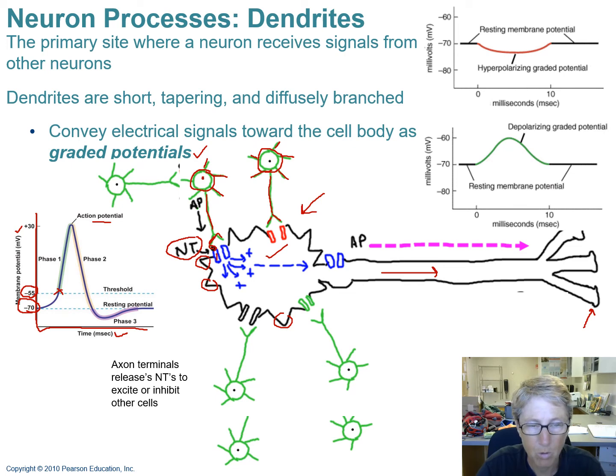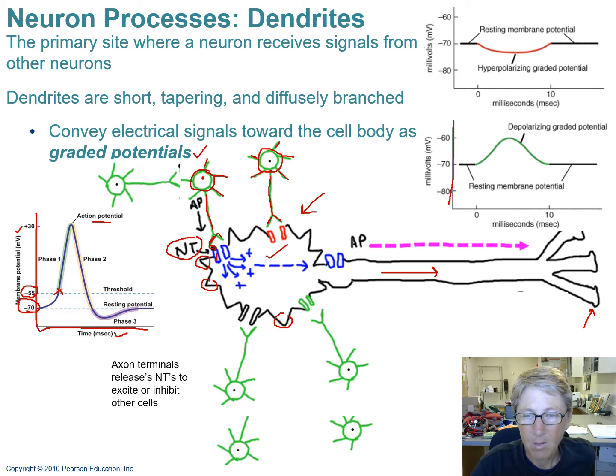It's the example we're using. So this is a ligand-gated channel, and it shows that positive charges come into the cell. And then when the positive charges start coming from the dendrite to the cell body, this is what happens. Let's come over here and look at this graph.